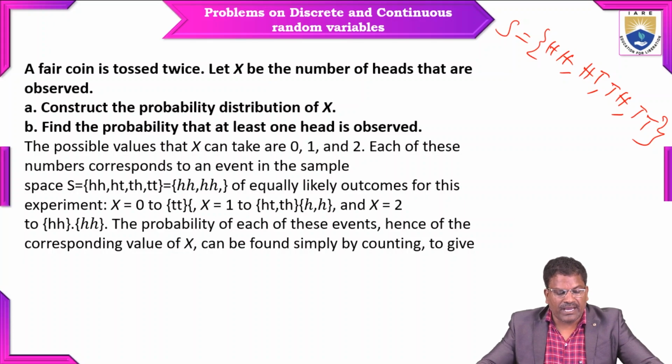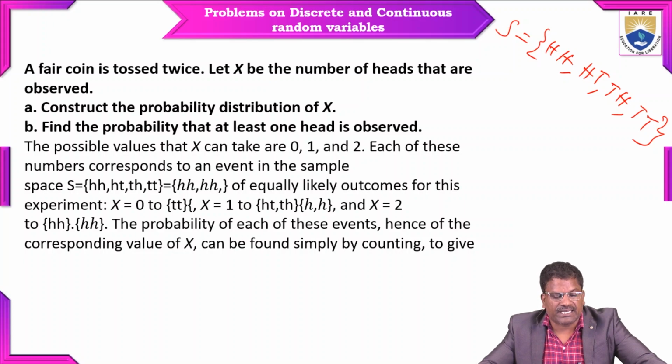So here the sample space S is equal to HH, HT, TH, TT, a set of equally likely outcomes for this experiment. Here we are giving x equal to 0 for TT, x equal to 1 for HT and TH, and x equal to 2 for HH.